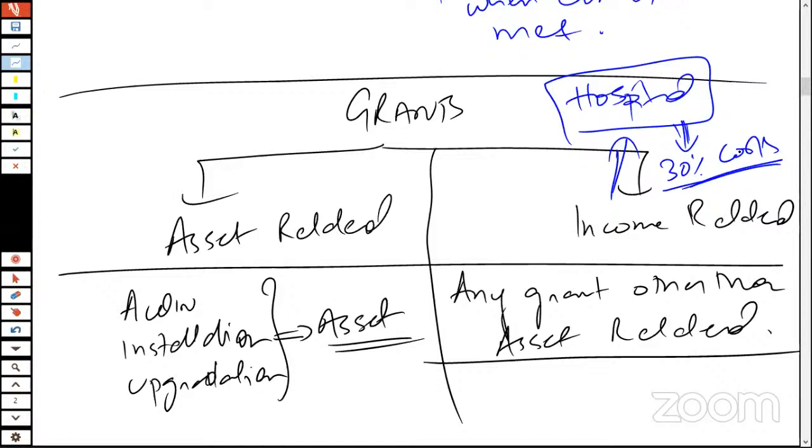The income related grant is any grant other than the asset related grant. Now let's move a bit forward and discuss further.